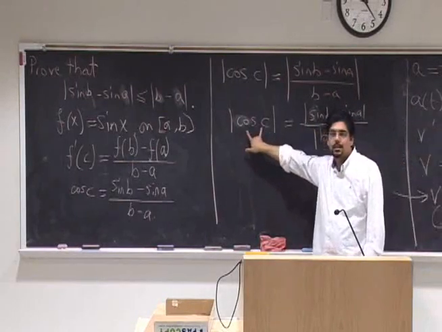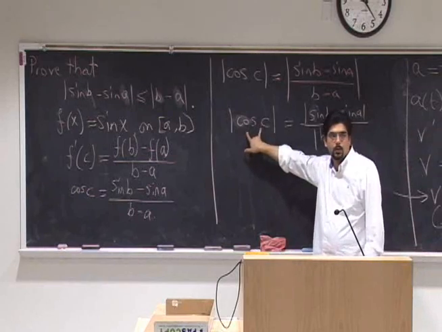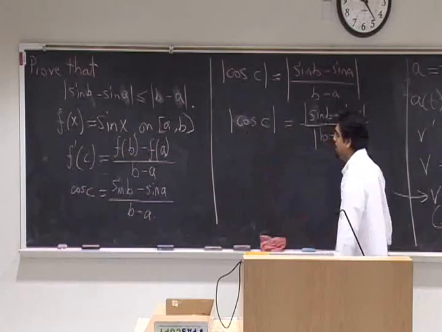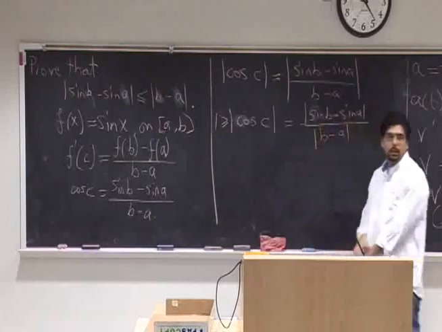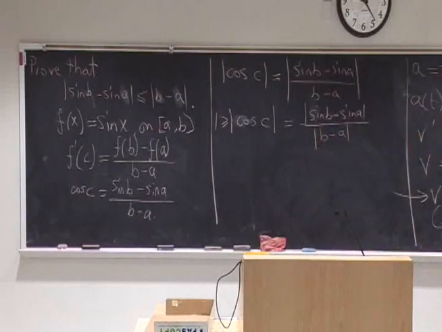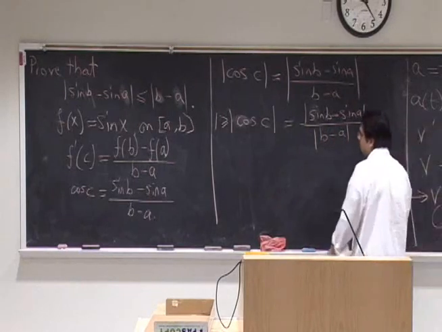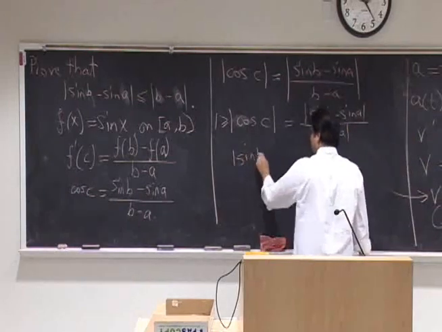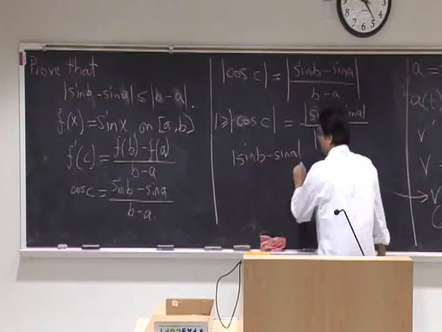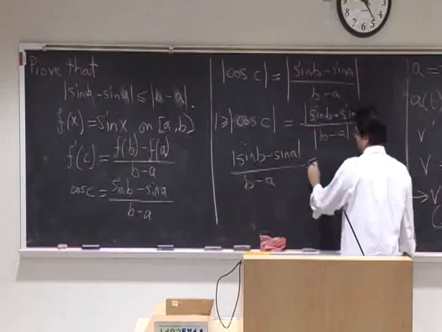Cosine is always less than what? 1, right? So I can come here and I can say that the absolute value of cosine is always less than or equal to 1. Do you agree? So, in other words, if I just flip this around, then I'm saying that the absolute value of sine b minus sine a over b minus a is less than or equal to 1.